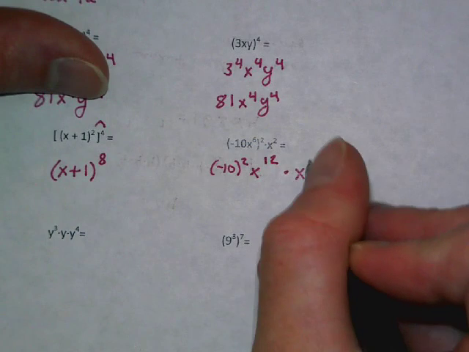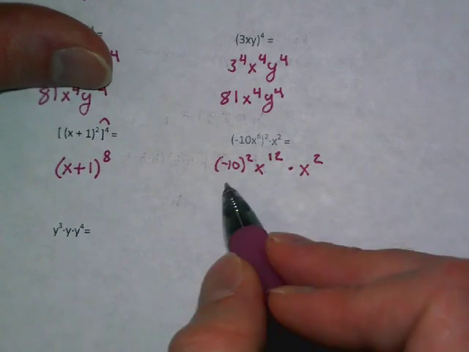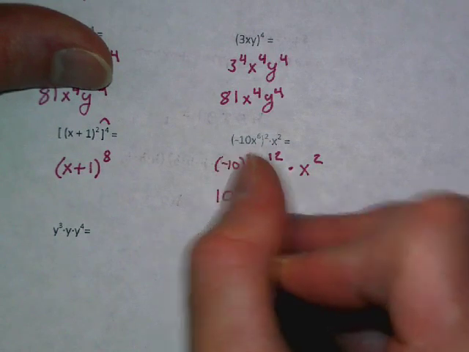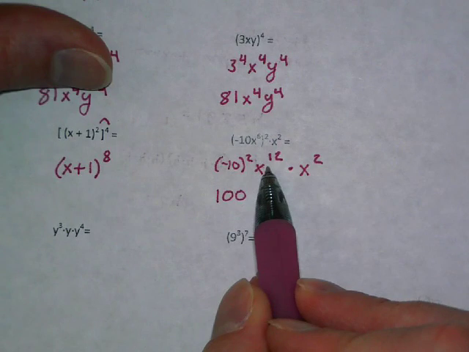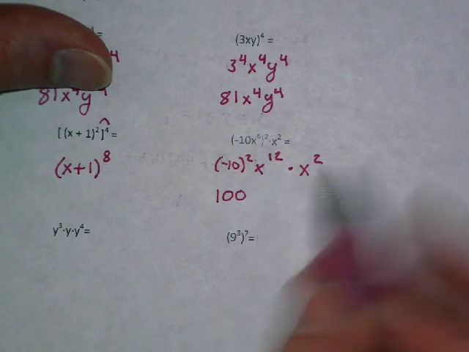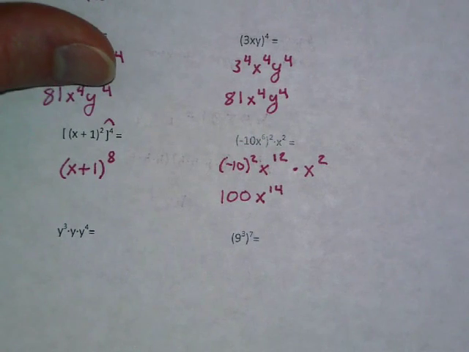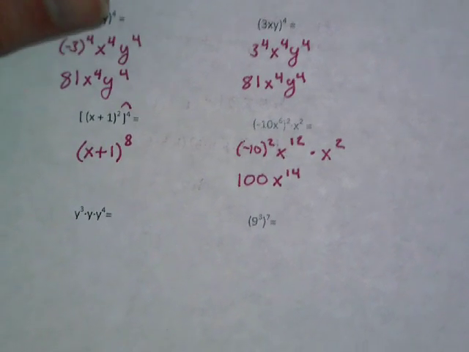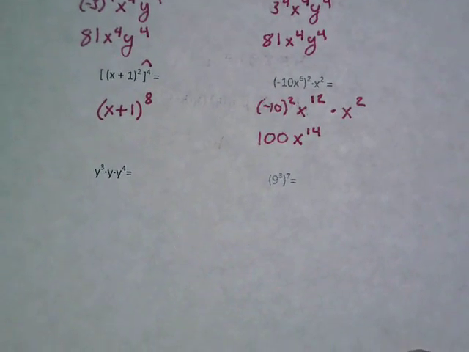And then x, 6 times 2, which gives us what? 12. Okay, now you can bring down the times x squared and simplify what you have left. So negative 10 squared, negative 10 times negative 10, would be 100. And add your exponents, because these are both x's, so 12 plus 2, and we get 14. So 100x to the 14.